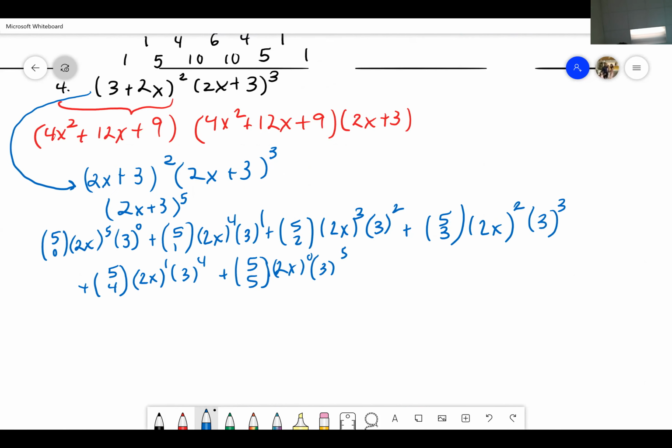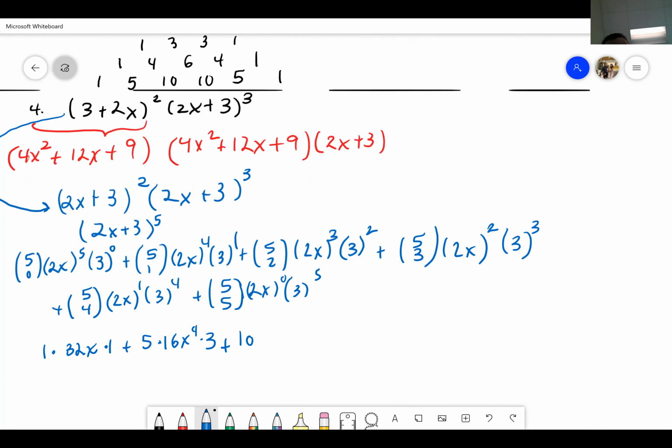And so basically you have 1 times 32x, 2 to the 5th is 32, times 1, plus 5 times 16x to the 4th times 3, plus 10 times 8x to the 3rd times 9, plus 10 times 4x squared times 9, plus 5 times 2x times 3 times 3 is 9 times 3 is 27 times 3 is 81.